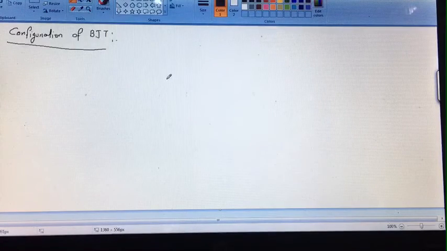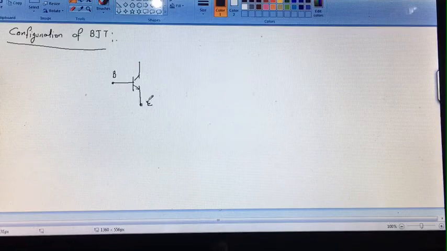See, this is our BJT. I have taken NPN BJT. This is base, this is emitter, and this is collector. And it can be drawn like this also, in this manner.